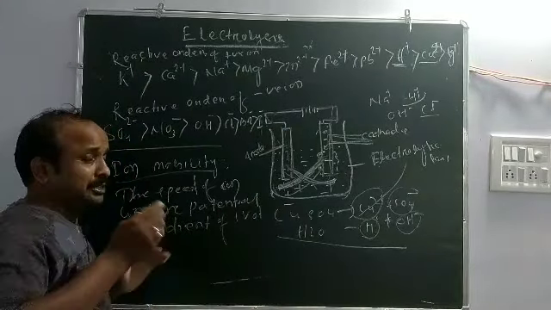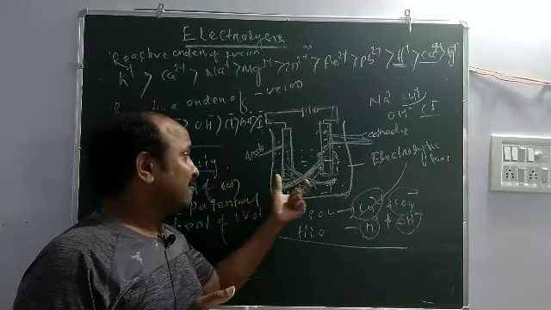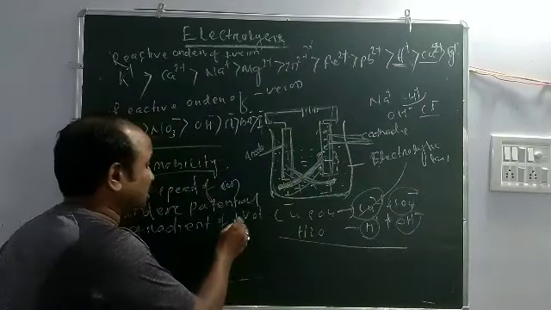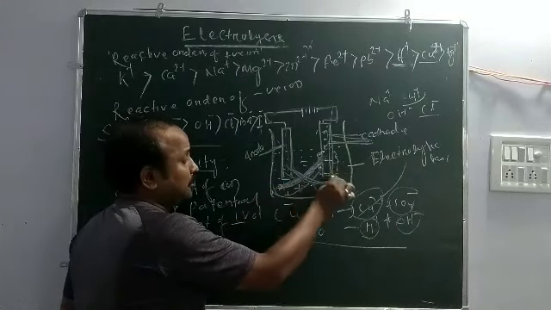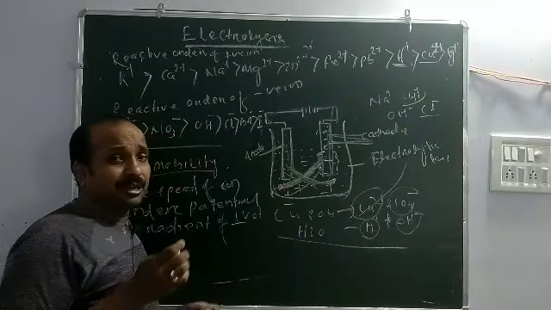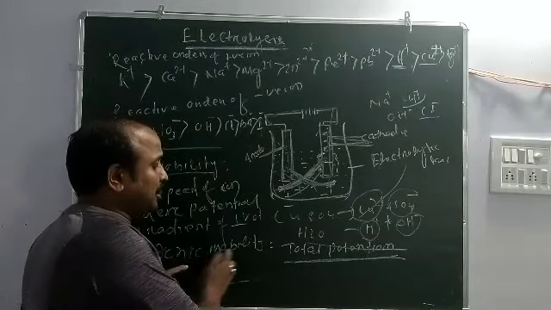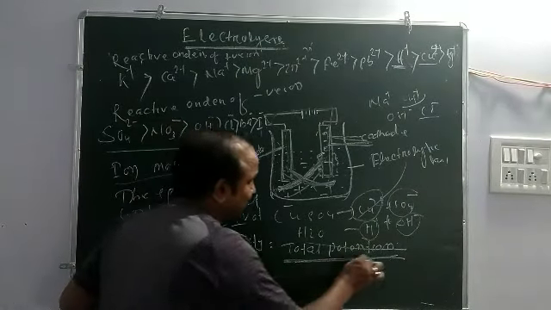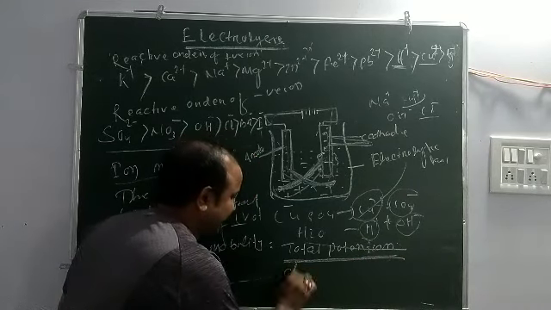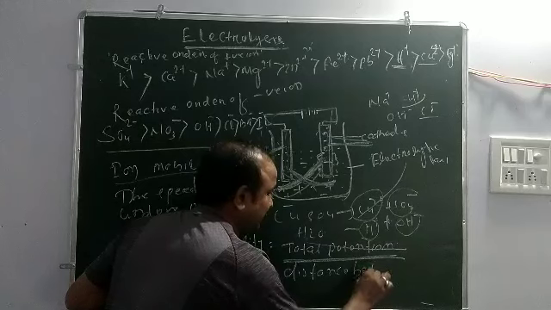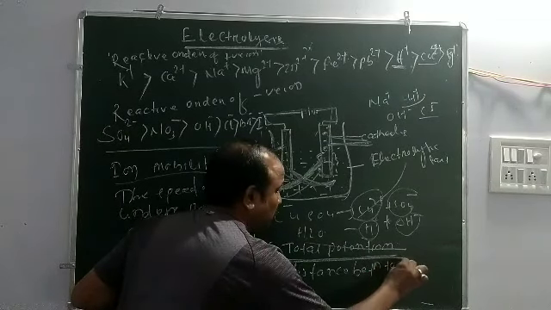When there is a potential difference of 1 volt across the electrolyte, the speed of the ion is known as ionic mobility. Ionic mobility means the total potential divided by the distance between the two electrodes.